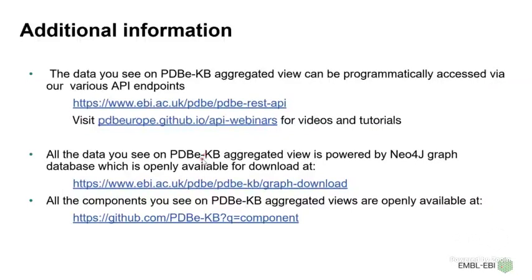Like I mentioned before, you can download the Neo4j database, which powers these aggregated views in-house, and query that database as per requirement. All the components which you see on aggregated views are openly available on GitHub at this link, and anyone is free to reuse.